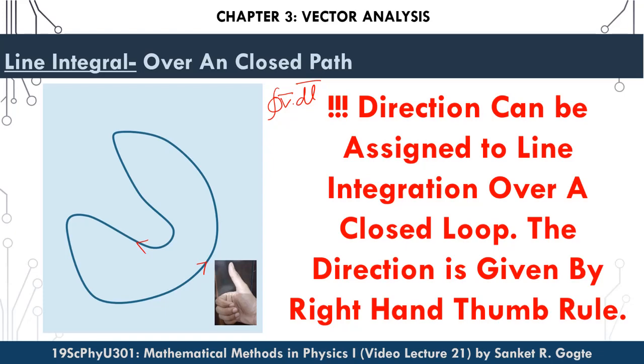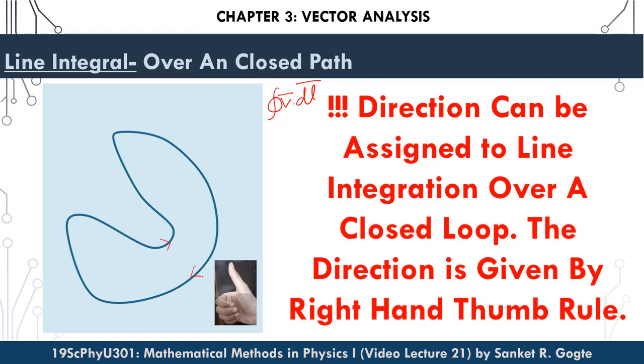You have to hold your hand perpendicular to the screen such that the four fingers are directed in counterclockwise direction, and the thumb then gives the direction to the line integration, which in this case is perpendicular to the screen, coming outside.